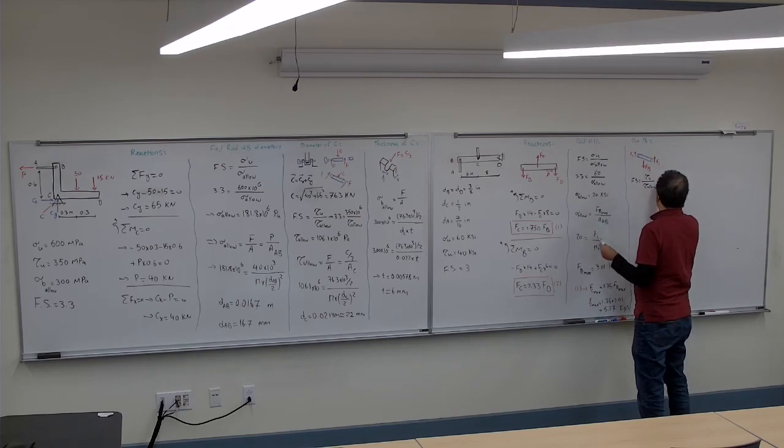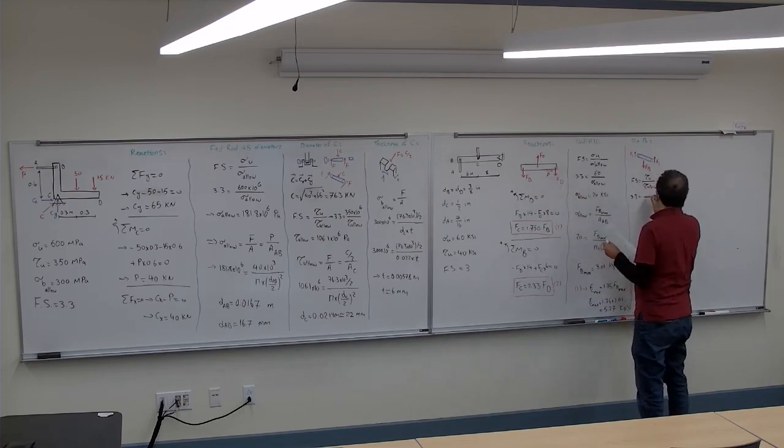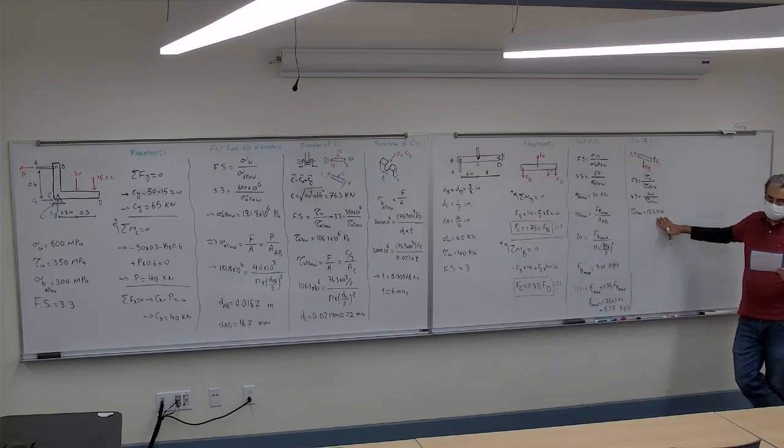So, therefore, the 3.3 would be tau ultimate, which is 40, divided by tau allowable. Therefore, the tau allowable would be, how much would it be? 13.3. So that's the maximum tau I am allowed to use.